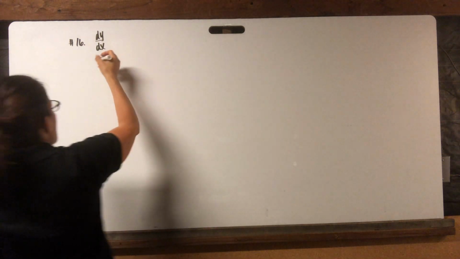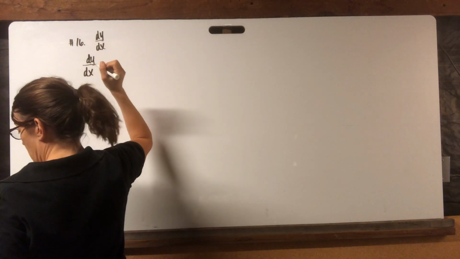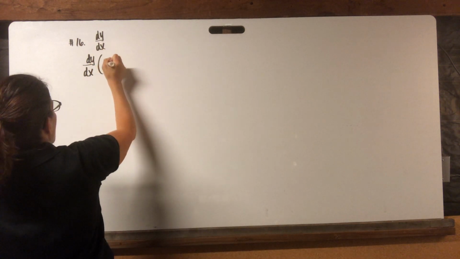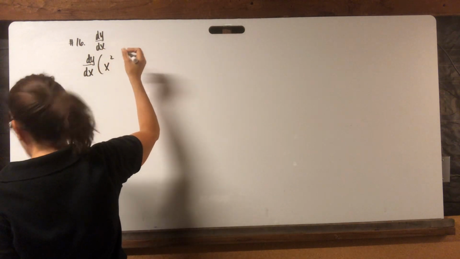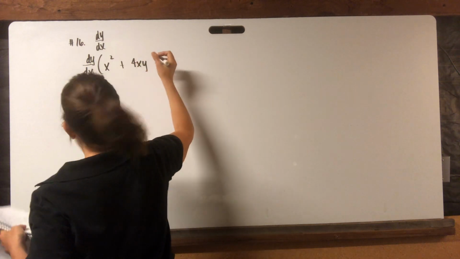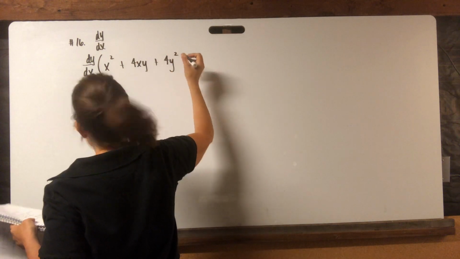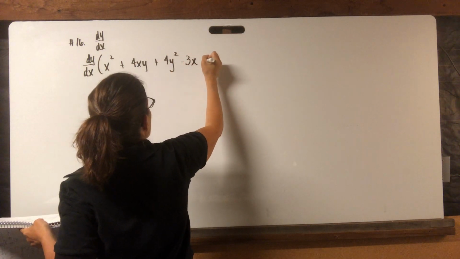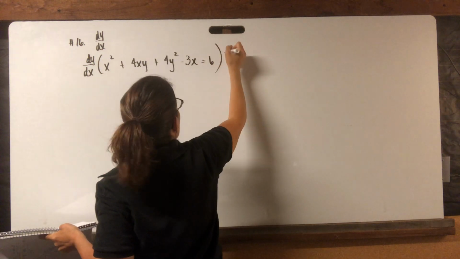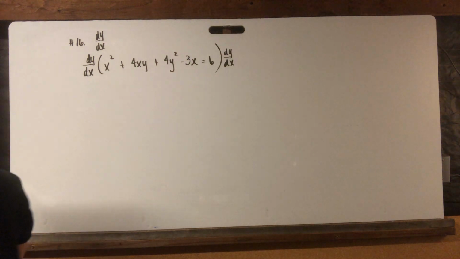So, I'm going to find dy/dx of x squared plus 4xy plus 4y squared minus 3x plus 6.